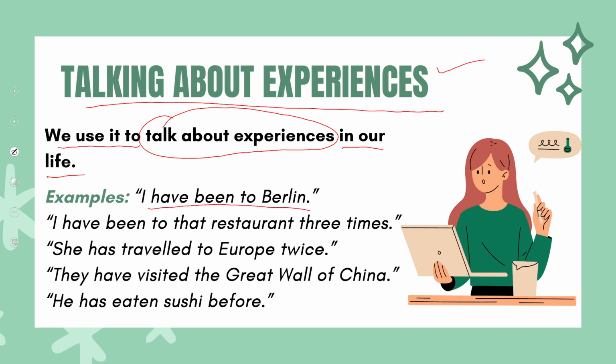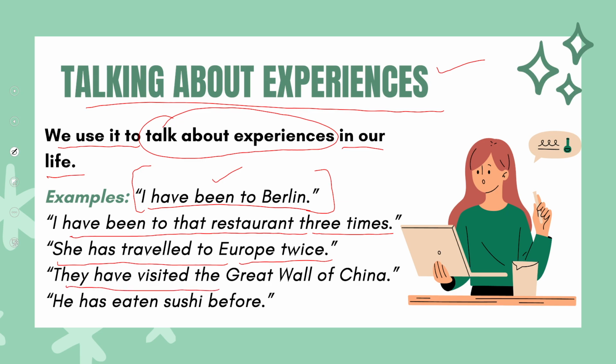I have been to Berlin. Now, the experience of being to Berlin is still fresh in the memory, it's still relevant, it's a part of an event of the life of the speaker. Now, I have been to that restaurant 3 times. She has traveled to Europe twice.